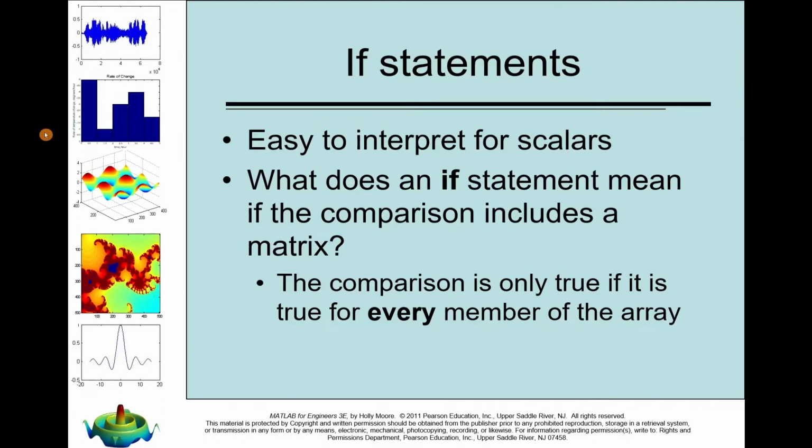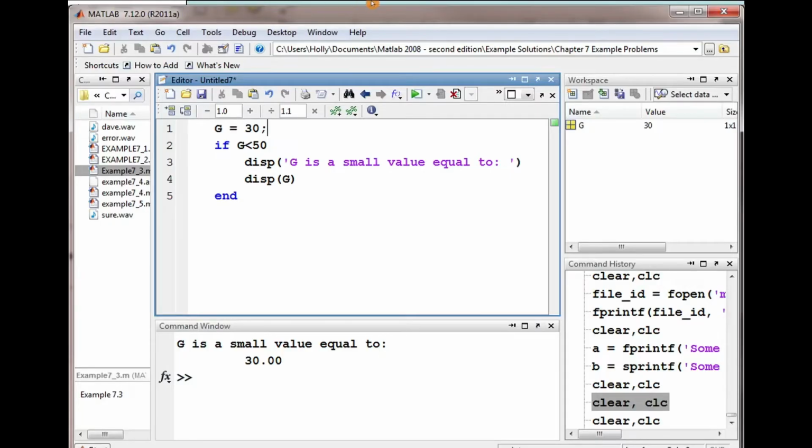The thing is, for if statements, the statement is easy to interpret if, as in our example previously, G is a scalar. So what does an if statement mean if the comparison includes a matrix? If G here is not a scalar, then the if statement considers the comparison true only if it is true for every element.